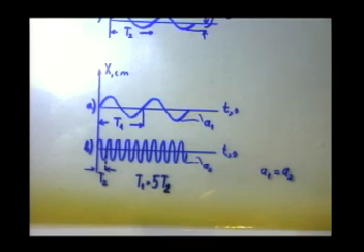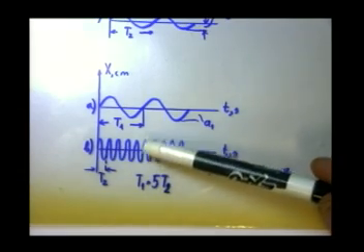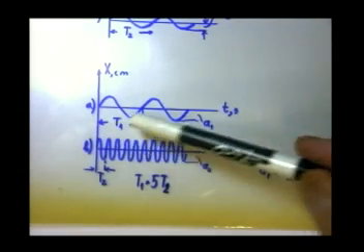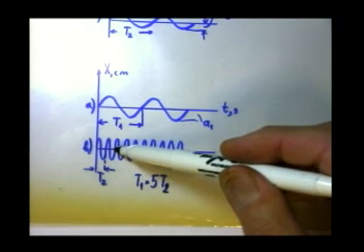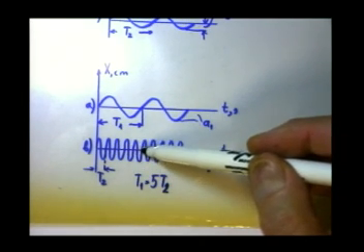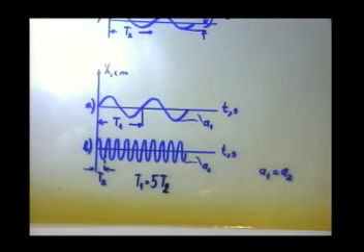So what I tried to do is make the same picture repeat 5 times within the T1 period of the first vibration. So let me count. This is 1, 2, 3, 4, 5. 5 times. T1 has a period which is 5 times T2.